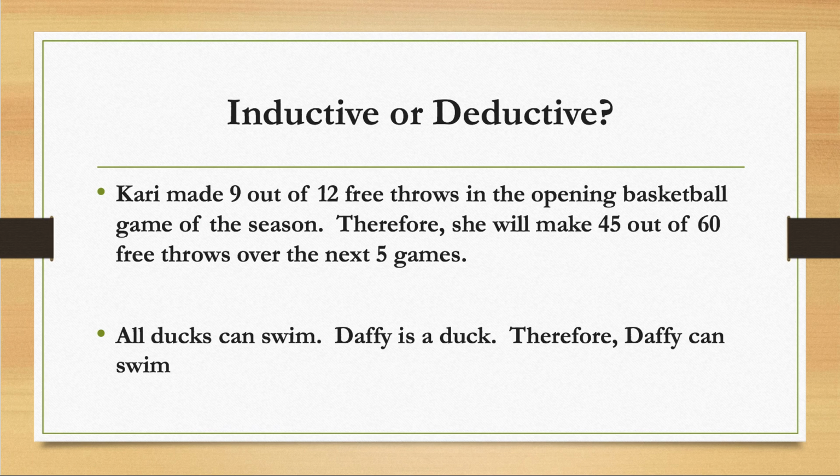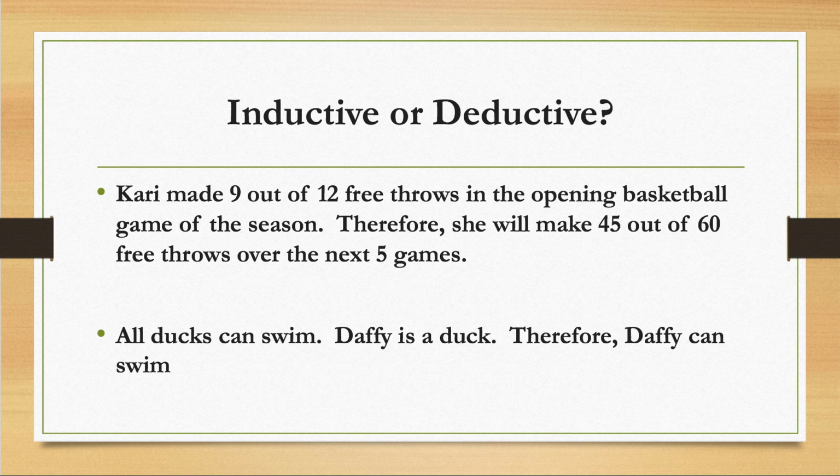Our first example says that Carrie made 9 out of 12 free throws in the opening basketball game of the season. Okay, that is our fact. Our conclusion is, therefore, she will make 45 out of 60 free throws over the next 5 games. Is that conclusion a definite true statement, or is it possible that it could be false?